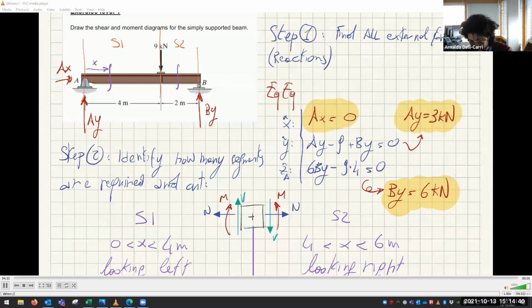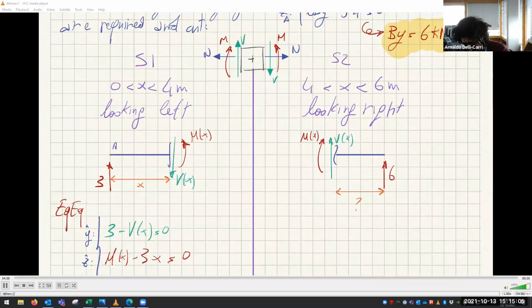This is x. Remember, x is in between. So what's this distance here? It's whatever is left. So it's 6 meters minus x. So it's the entire thing minus x, right? So this distance here is 6 minus x.